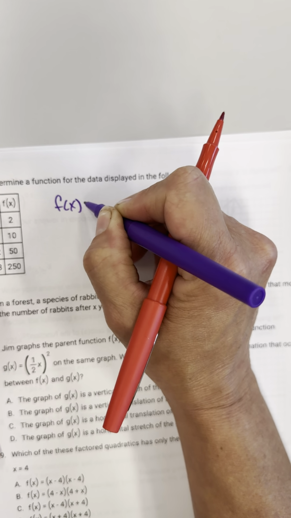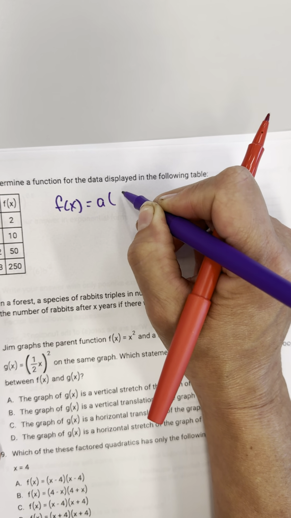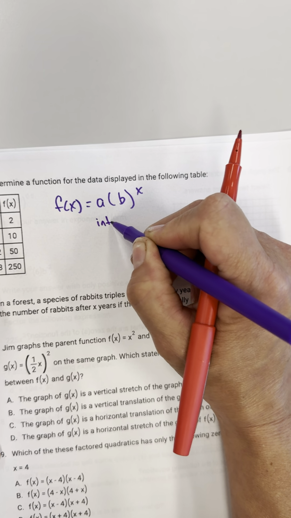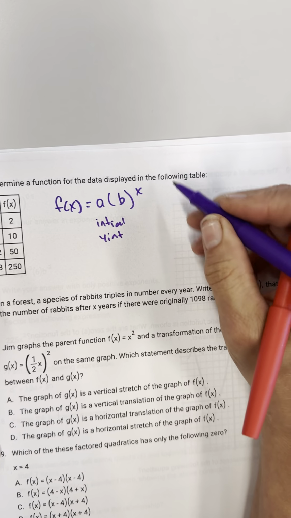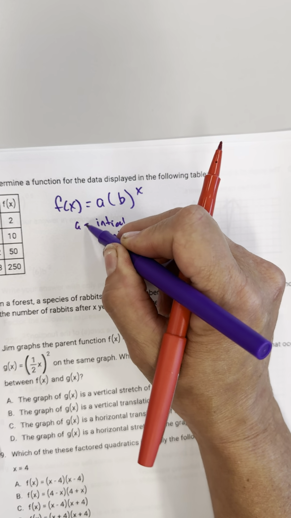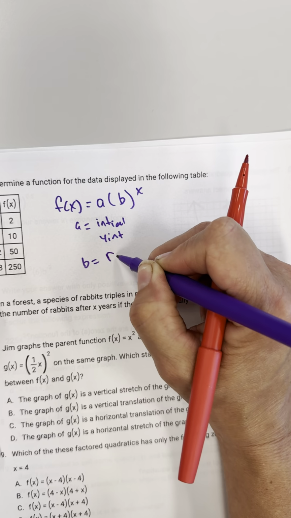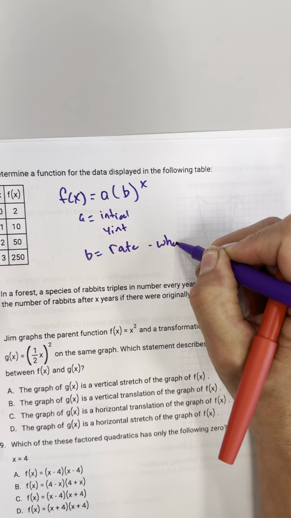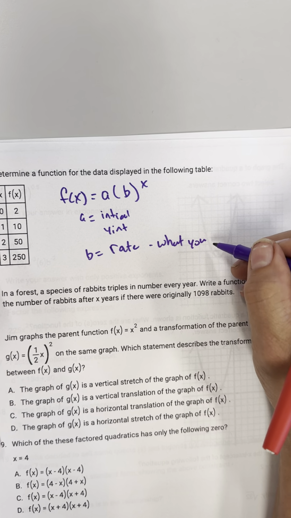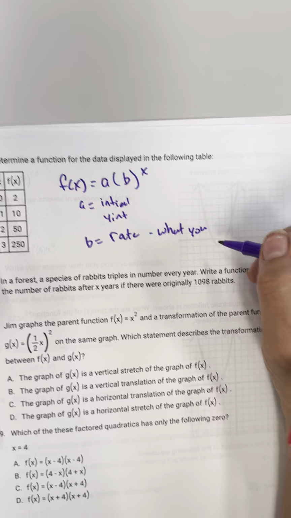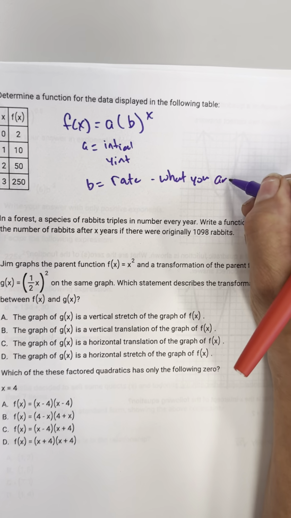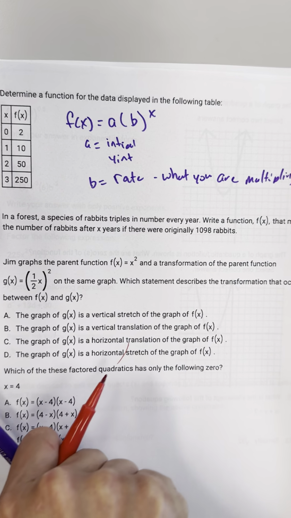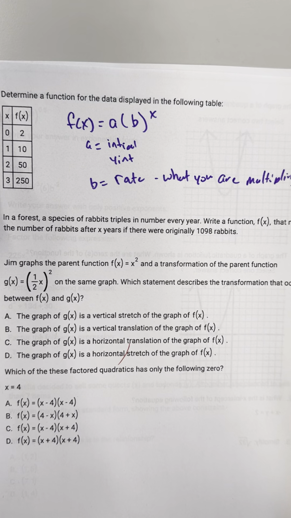So f of x equals a times your b raised to your x. So your a is your initial or y-intercept, and your b is your rate or what you're multiplying. And then your rate can be given to you in several different ways.